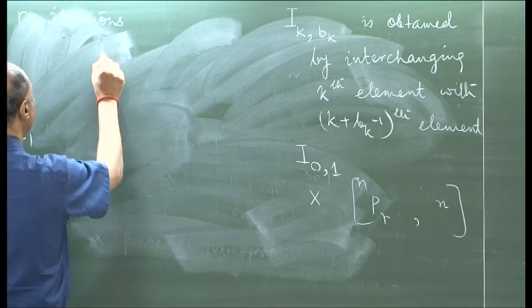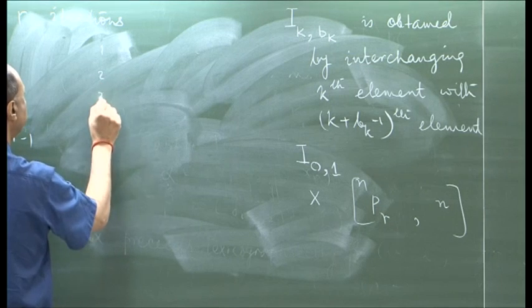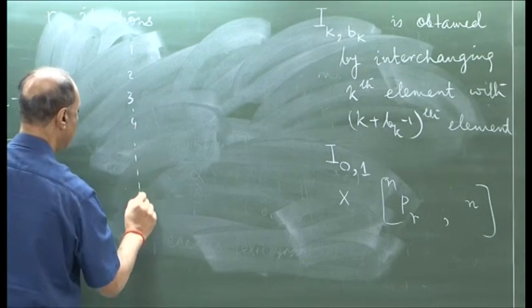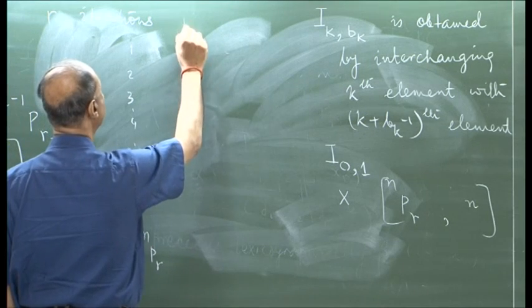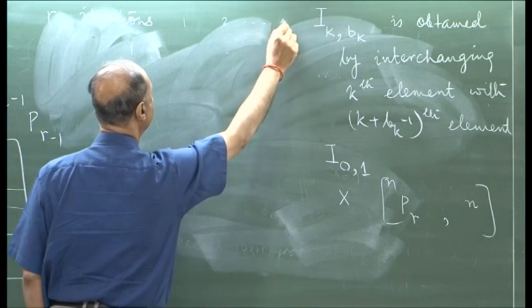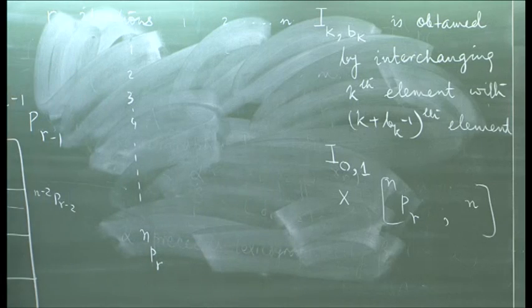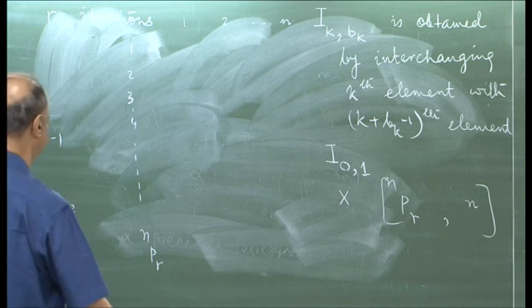That means you have 1, 2, 3, 4 up to nPr, and on this side you have 1, 2, 3 up to n. So this is a large matrix, a two-dimensional array. That is your X.